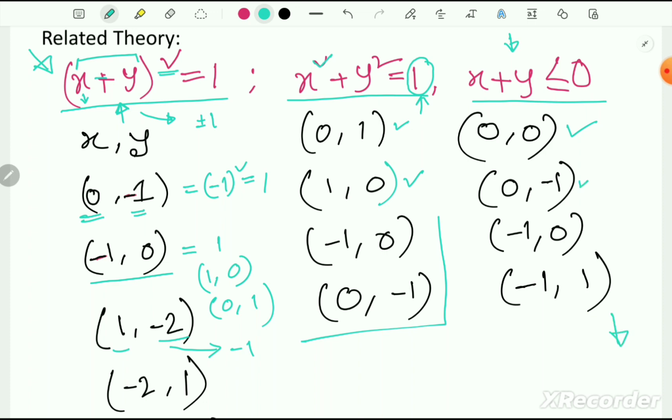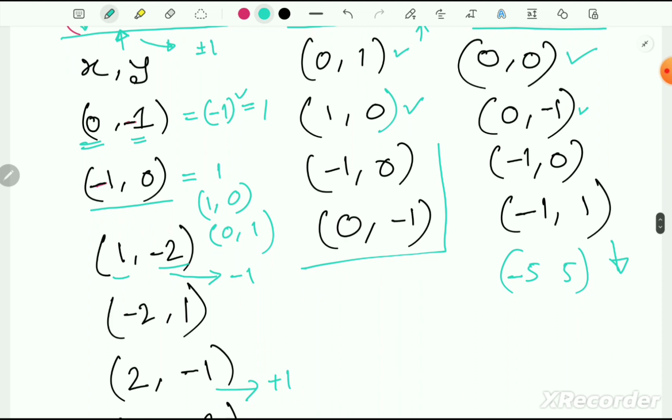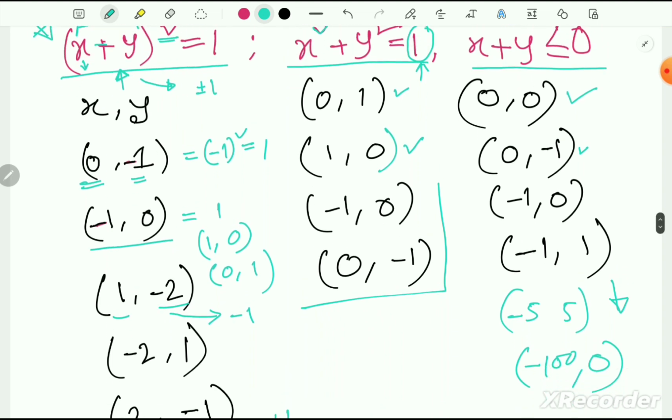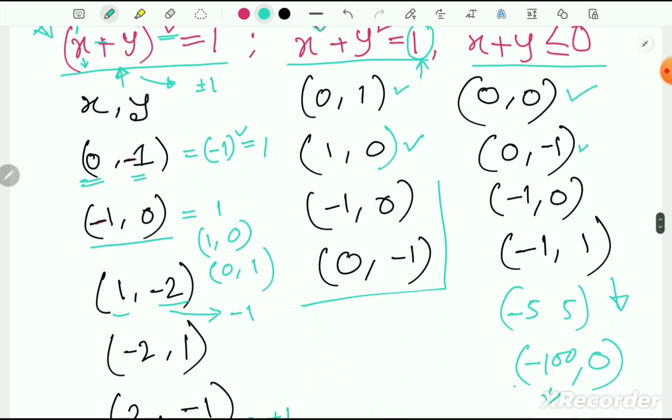For example, (0, −1): its value is −1. (−1, 0) gives us −1. (−1, 1) gives 0, (−5, 5) also gives 0, or we can think simply of (−100, 0). This is also a satisfying point for this equation, because it gives us a negative number.